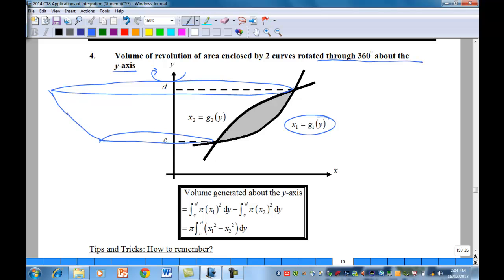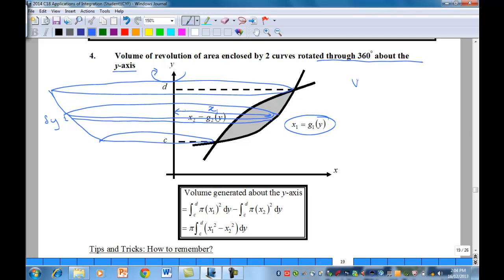We can consider the volume formed as a sum of horizontal circular discs with a very small change in y as their thickness. For each of these discs whose volumes we add up, the radius is x1.